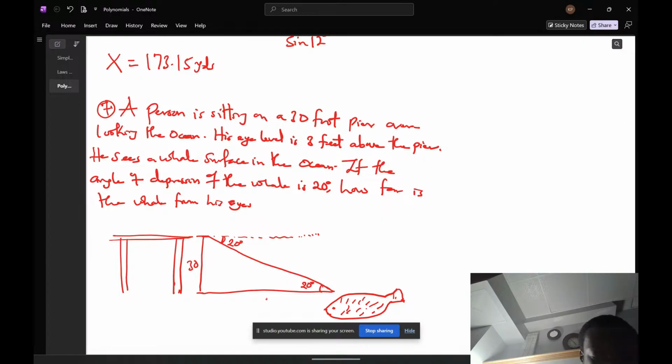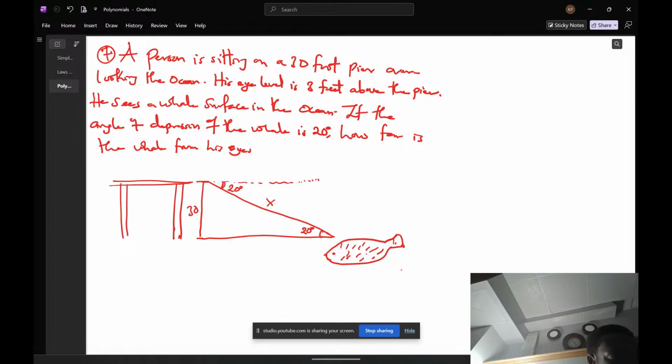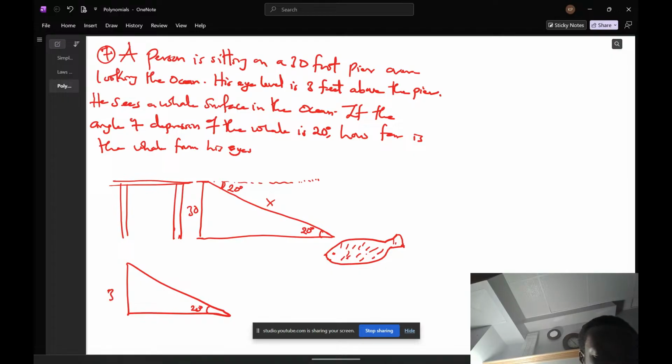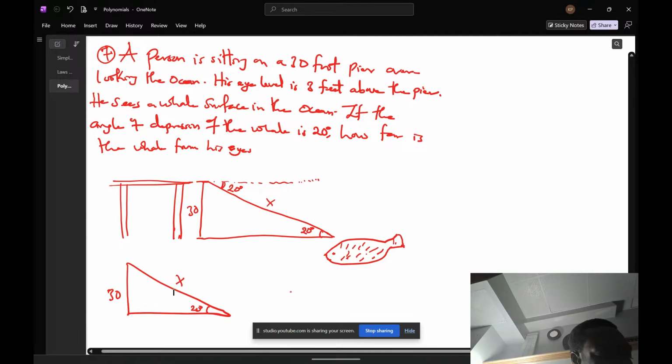How far is the whale from his eyes? This place is x, so this is the part we are looking for. So now let's draw it out properly so that we can see it. This is 20 degrees, this is the 30-foot pier, and this is where we're going to find the distance of the whale from his eyes.